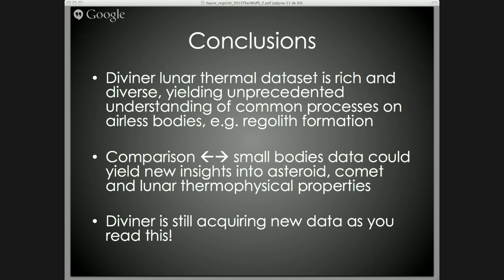Yeah, the answer is no. But if you looked closely at the eclipse data that I showed, after the eclipse, when the sun was back out, you could see lots of little spots, and those are rocks.